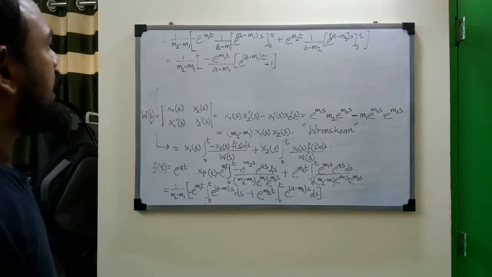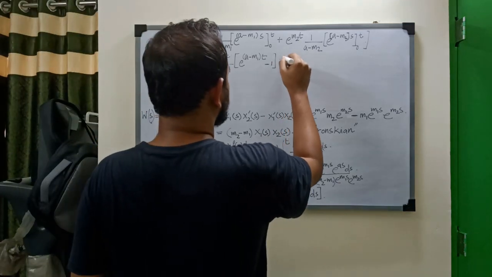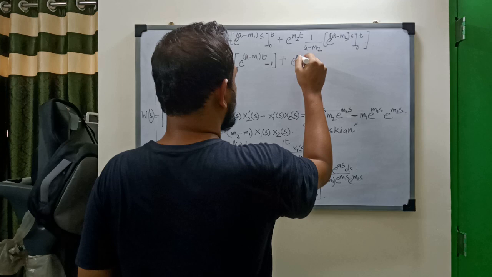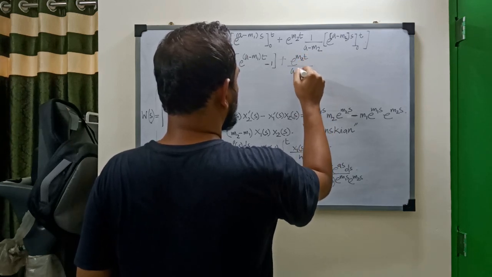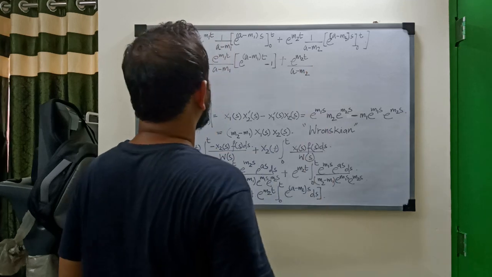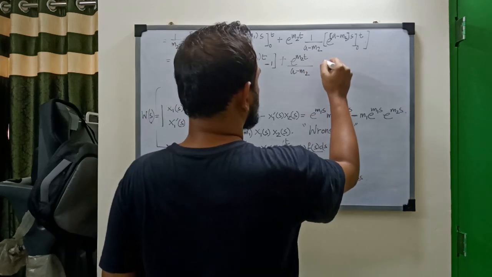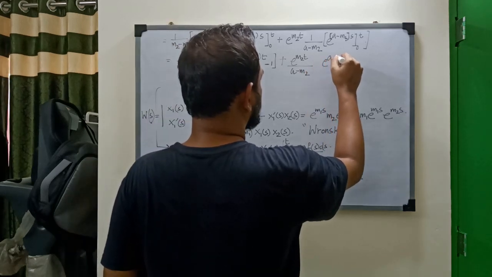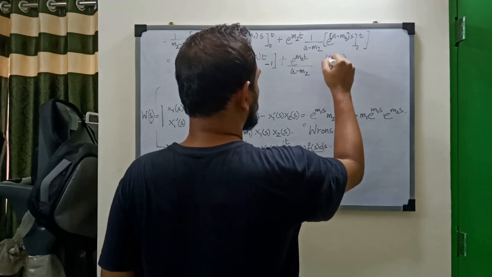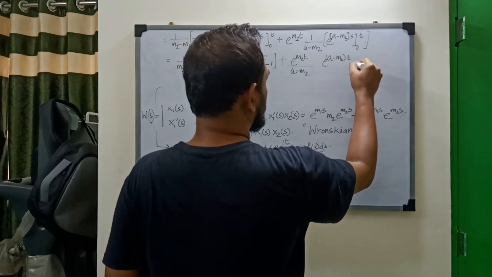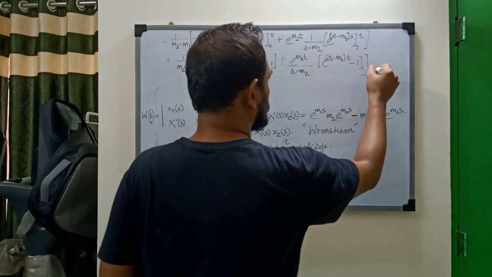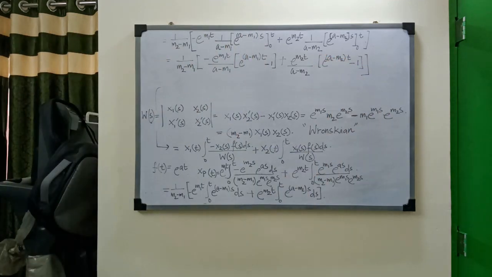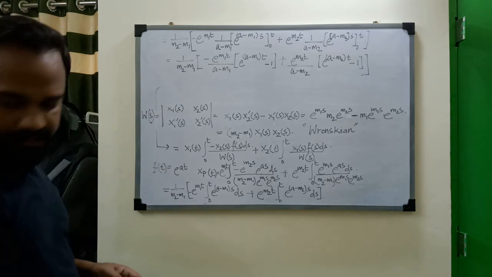Plus e to the m2t over a minus m2, and here you're going to get e to the a minus m2 t and then a negative 1.